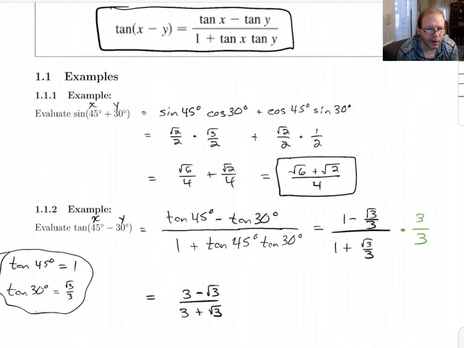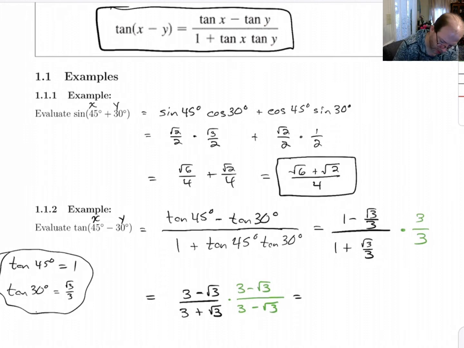And from there, I want to clear this further. So let's multiply the bottom by 3 minus root 3, and the top, of course, by the same thing, so that we're multiplying by 1.